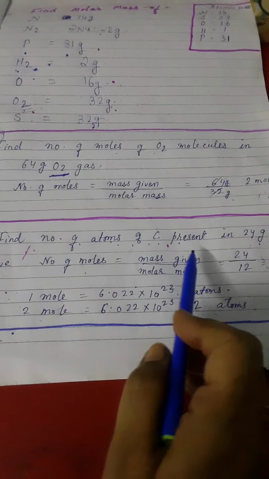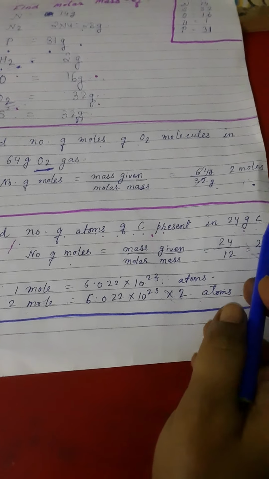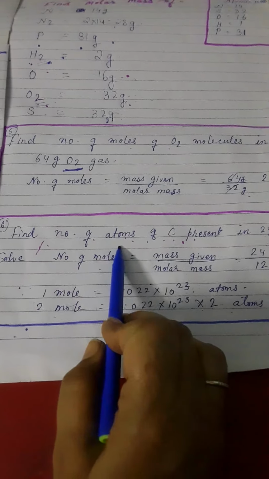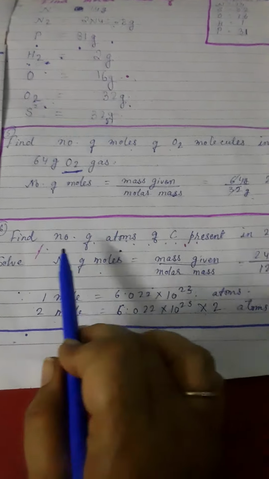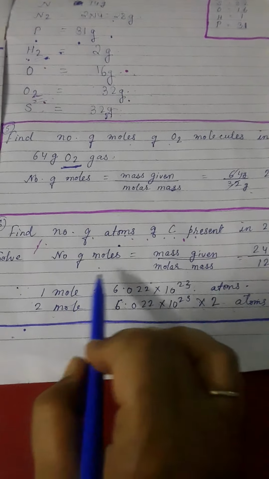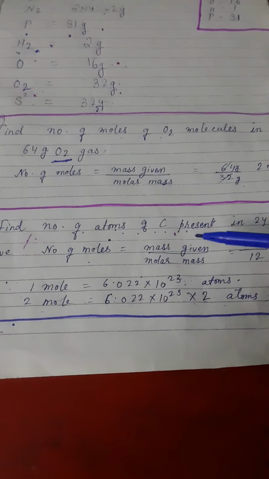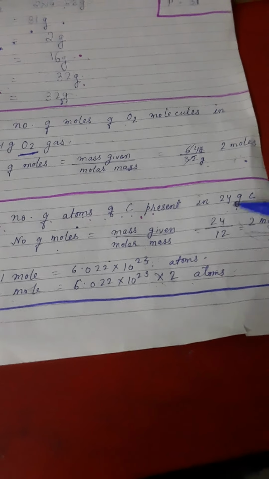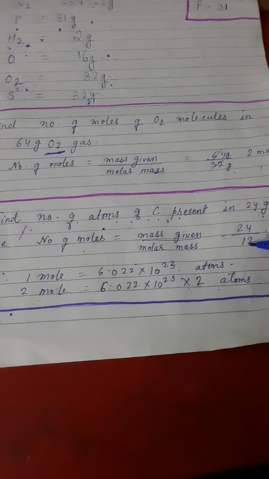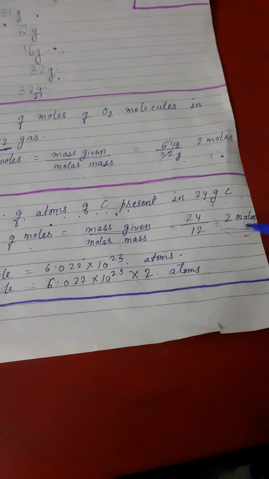Find the number of atoms of carbon present in 24 grams of carbon. Here they are asking the number of atoms. Whatever they ask, you have to first find the number of moles. How will you find the number of moles? Mass given by molar mass. Mass given 24, molar mass of carbon is 12, and here we'll get 2 moles.